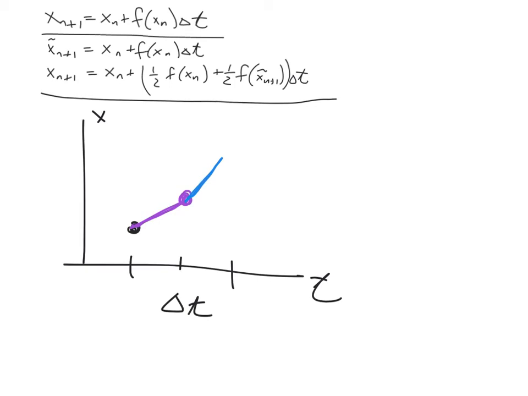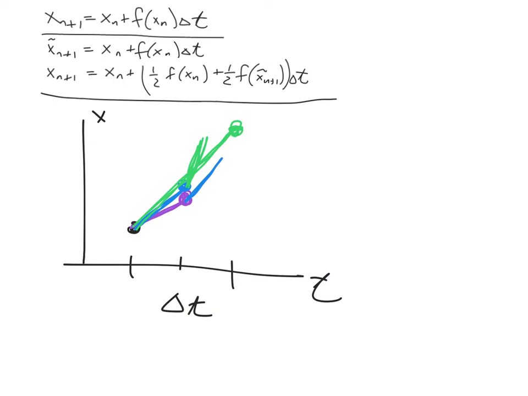Then let's use this new slope, and just this new slope, to re-estimate where that point should be. At this new spot, we can measure yet another slope, and we can use that yet another slope to go, these green lines are supposed to be at the same angle, to go all the way the span of delta t.